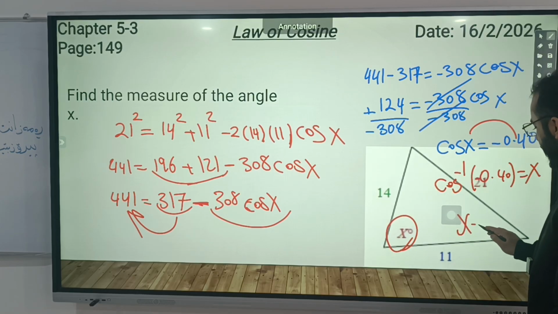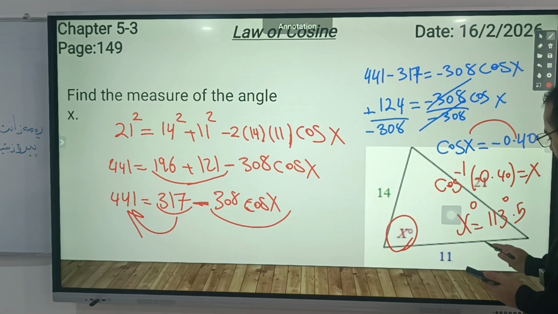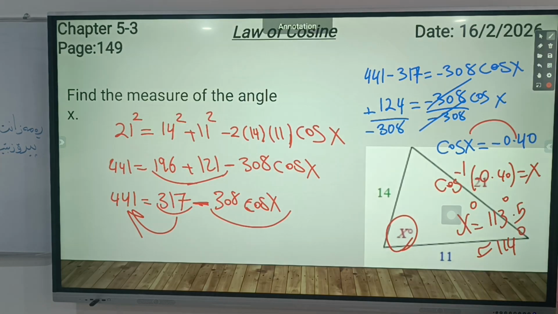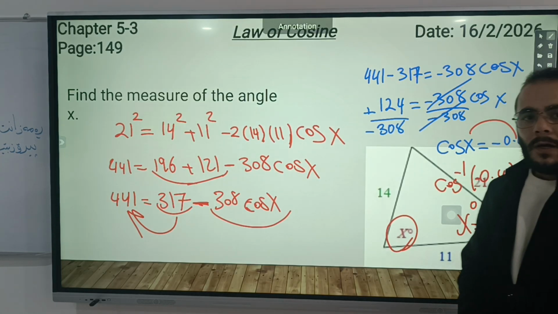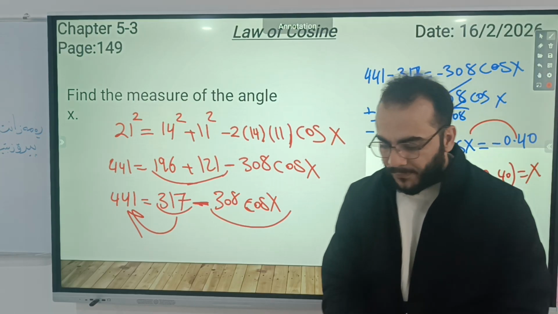So the measure of x is equal to 113 degrees, point, let's say 5, which approximately equals 114 degrees. This is how we use the law of cosine when we have 3 lengths of a triangle.